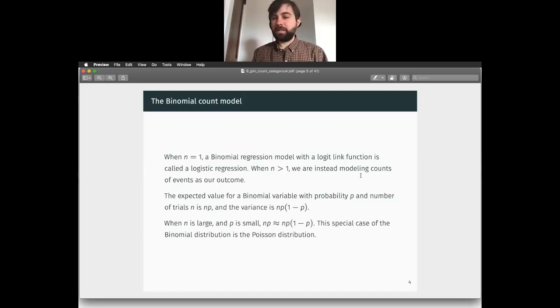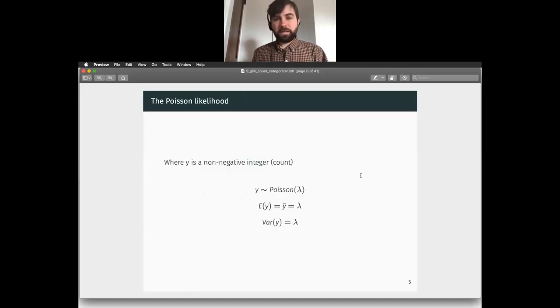So we're going to take a look at this. The Poisson likelihood is a very useful distribution for modeling counts, which we could also describe as non-negative integers. So it's bounded between 0 and positive infinity, but it's a discrete distribution where it only takes on integer values: 0, 1, 2, 3, and we'll see what this looks like in a second.